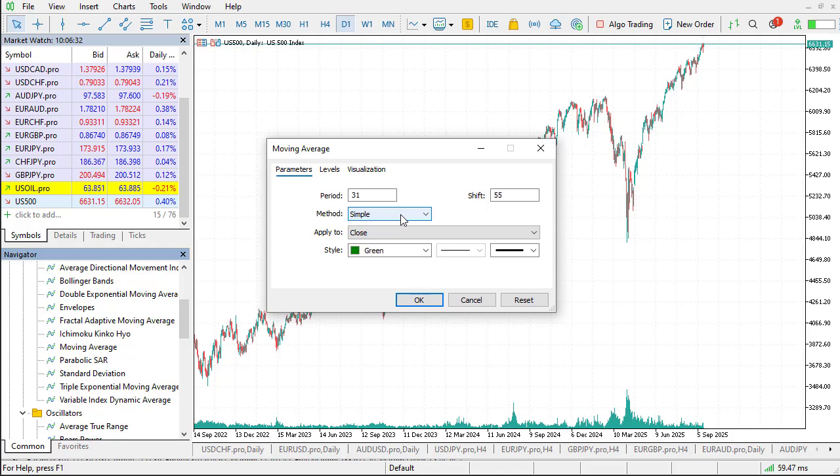Initially, they started with the simple, but some folks said, look, the exponential follows price action more closely. The simple will take the last 31 values, add them and divide by 31. But the exponential will pay more attention to the most recent prices.